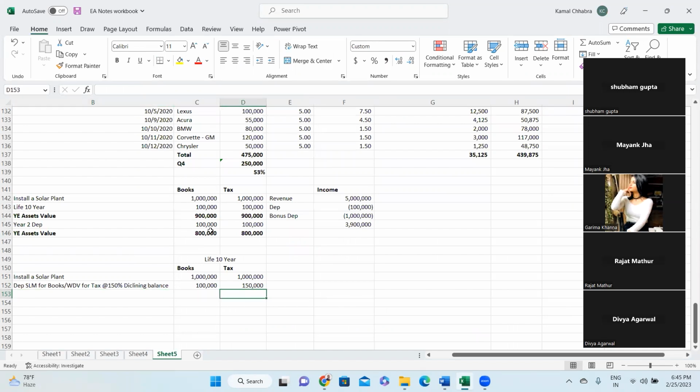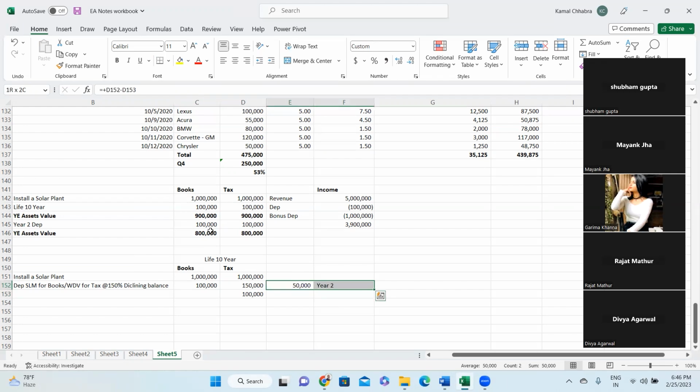So if you are using it less than 50%, you are supposed to charge a depreciation of 100,000, right? So in the previous year, you charged 150, but you were supposed to charge 100,000. So this 50,000 will be your taxable income. You need to add it back into your taxable income in year 2. That is called recapture of depreciation.